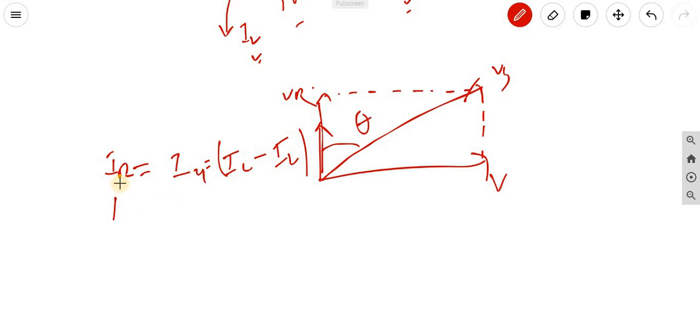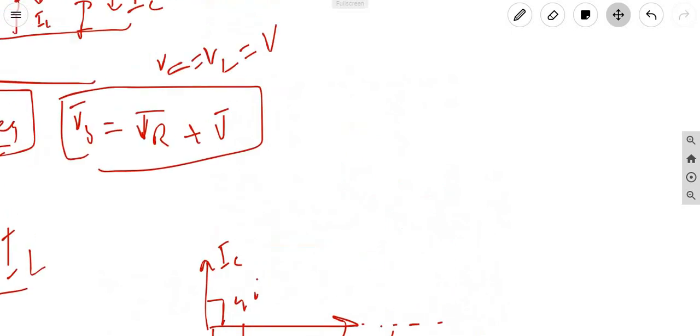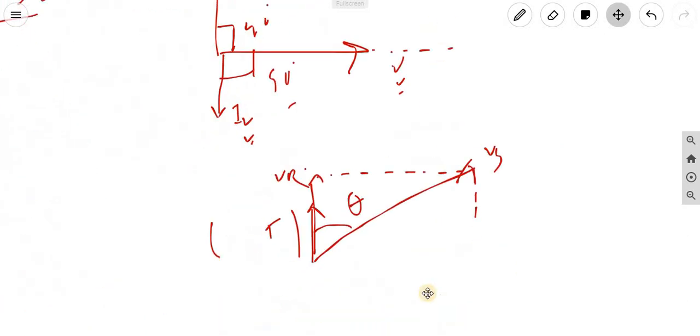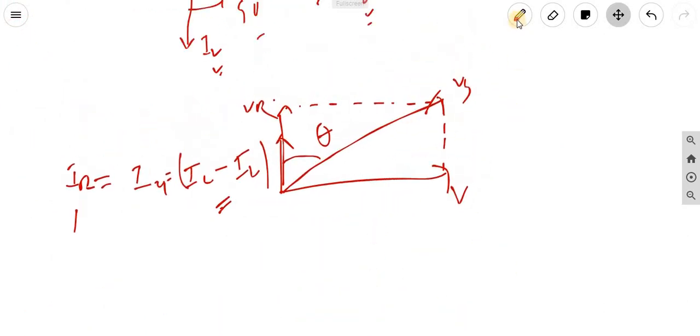The source current is equal to IR, the current through the resistance and through the equivalent portion we have taken for the RLC configuration. Okay, so in this way it will rotate. Clear?